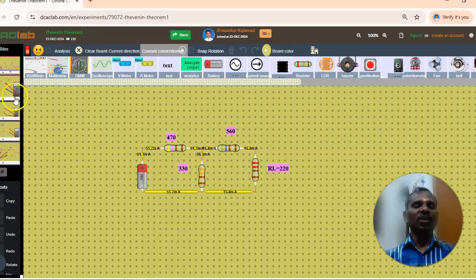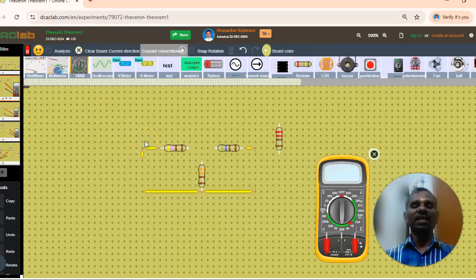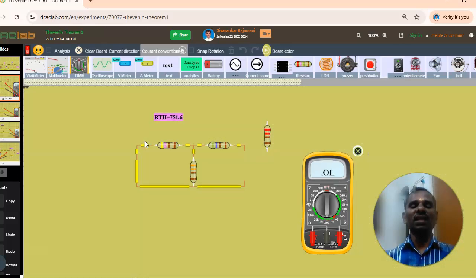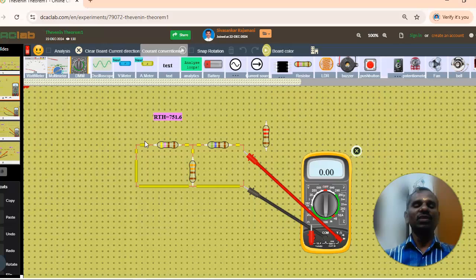Now we will demonstrate how it works for our circuit. First I am finding the RTH. So in order to find your RTH, remove the load resistance RL. Here your resistances 470 ohms and 330 ohms are in parallel, in series with your resistance 560 ohms.